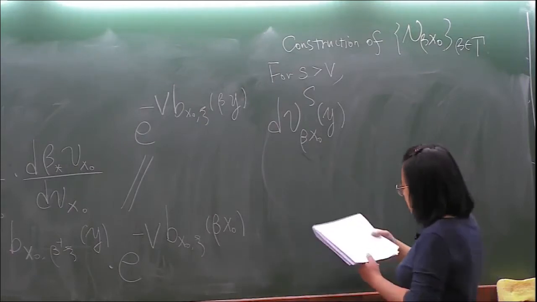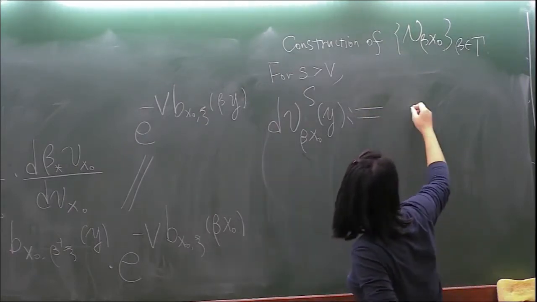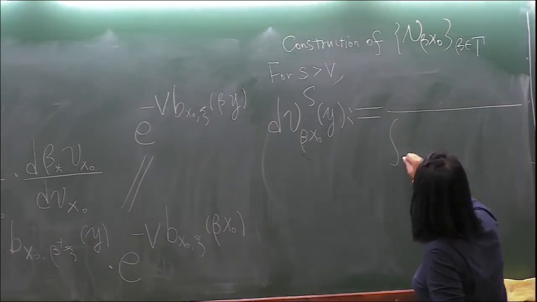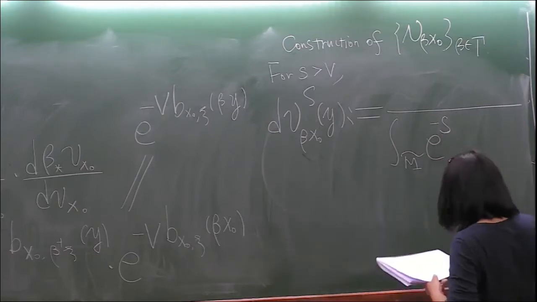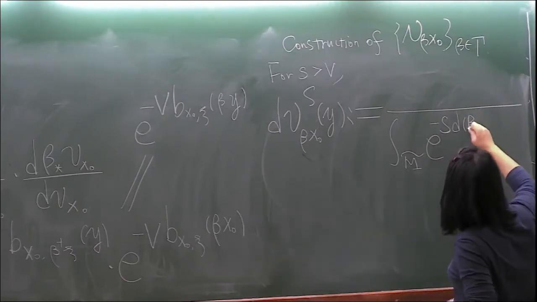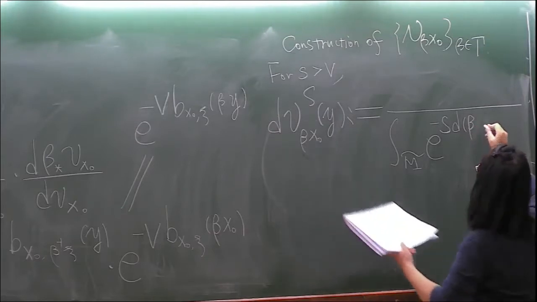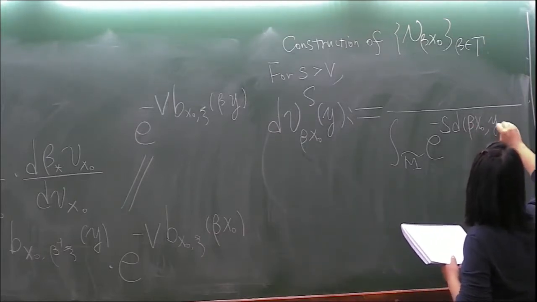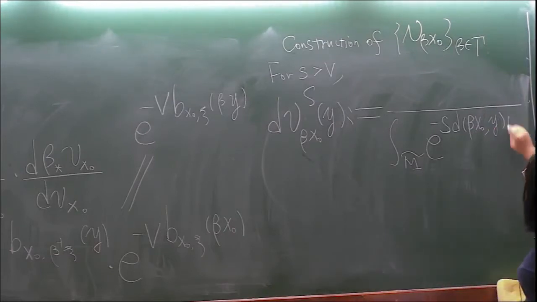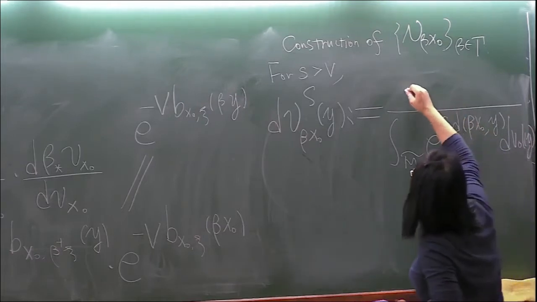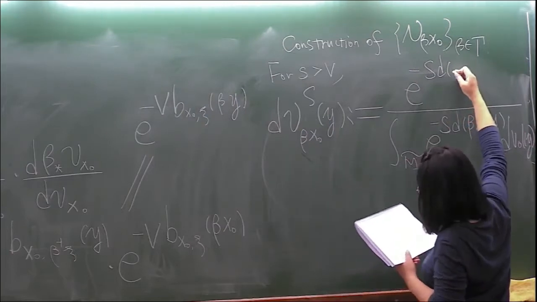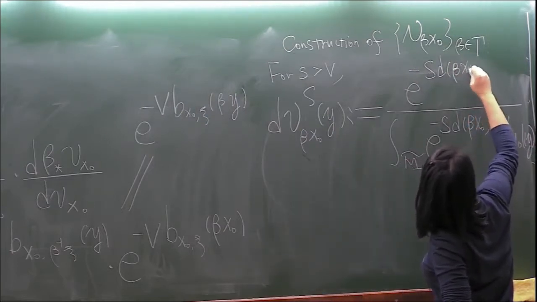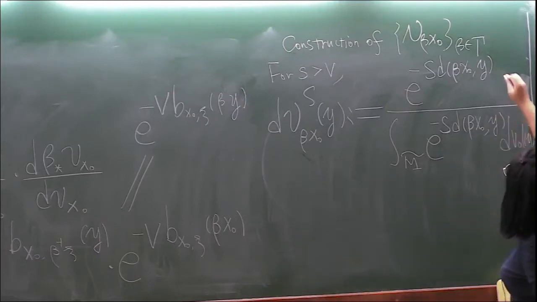To the volume, is defined in this way. e to the power minus s d beta x naught y, divided by the integral with respect to volume of e to the power minus s d beta x naught y d volume.